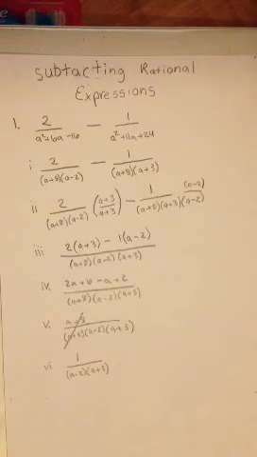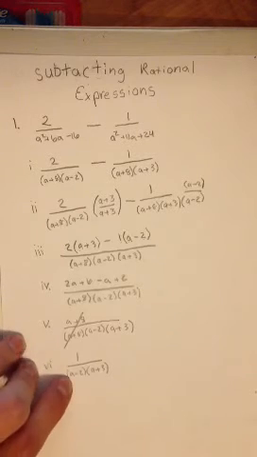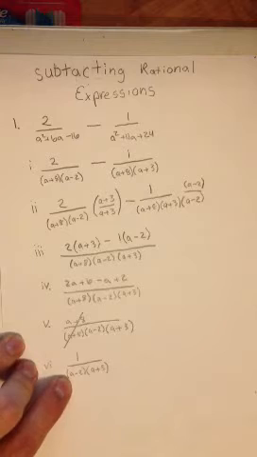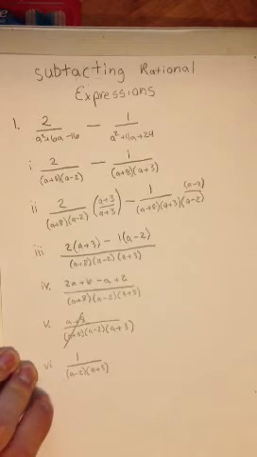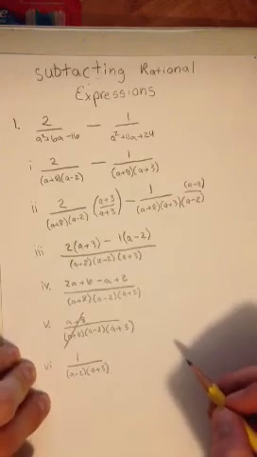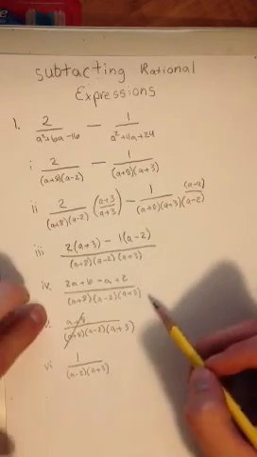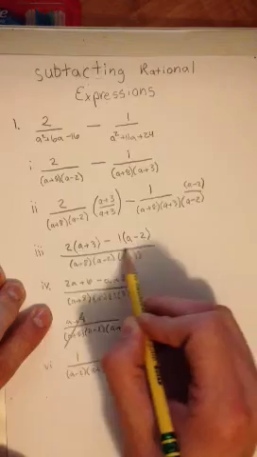But we're not done yet. What we have to do now is find the restrictions. A restriction is basically a number that makes the denominator 0. And if your denominator is 0, you can't solve the equation at all. So to find the restrictions, we're going to go back to our factored area right here.